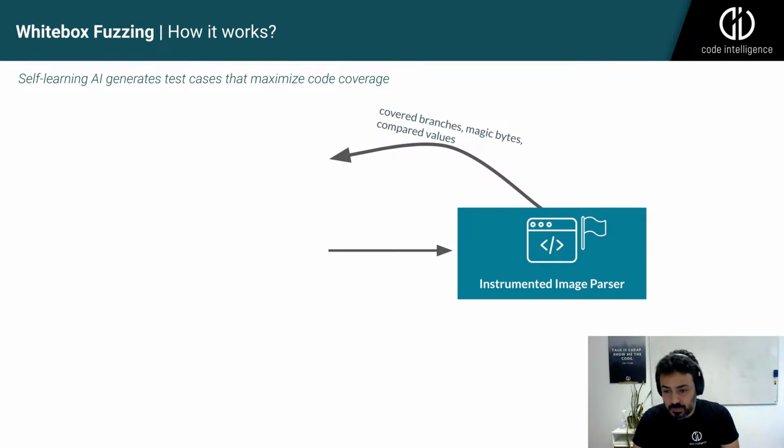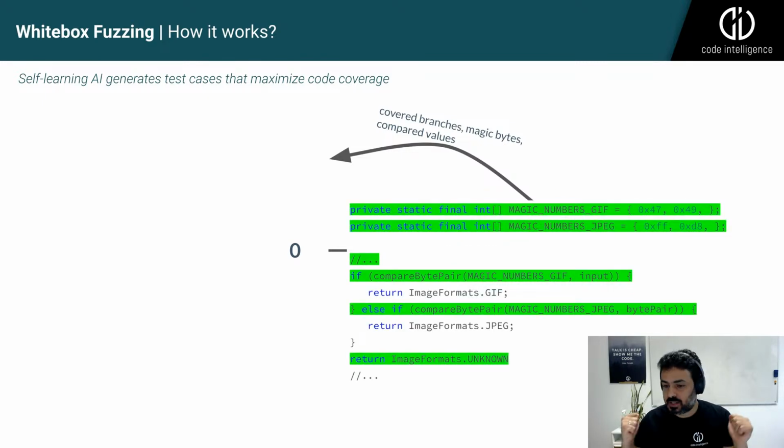If we take our image parser as an example, the fuzzer would start with zero knowledge. We don't have any information about what we are testing. And from the instrumentation, we get something like this. What we see here in green are the lines of code that were covered by this input. As you see here, the software tries to compare this input against some magic bytes, and obviously in this case all of them fail.